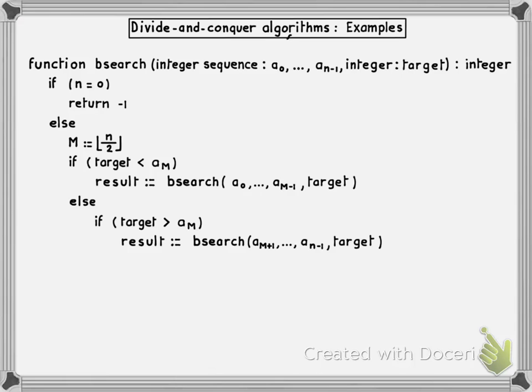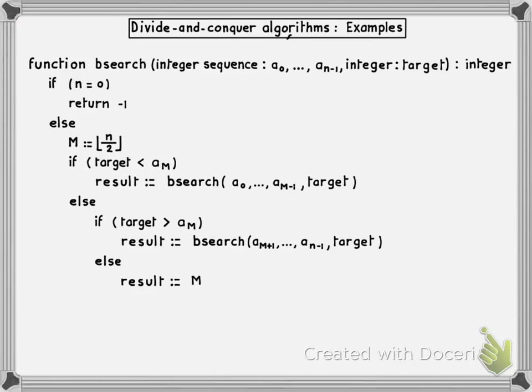And finally, if neither this condition holds nor this one, the only other possibility is that target is equal to a sub m, so we don't need to test for it after we failed the previous two tests. We can infer right away that target is equal to a sub m, therefore we found the target and we found its index, which is m. So again, we store the result in its third case in the same variable, which is the index m.